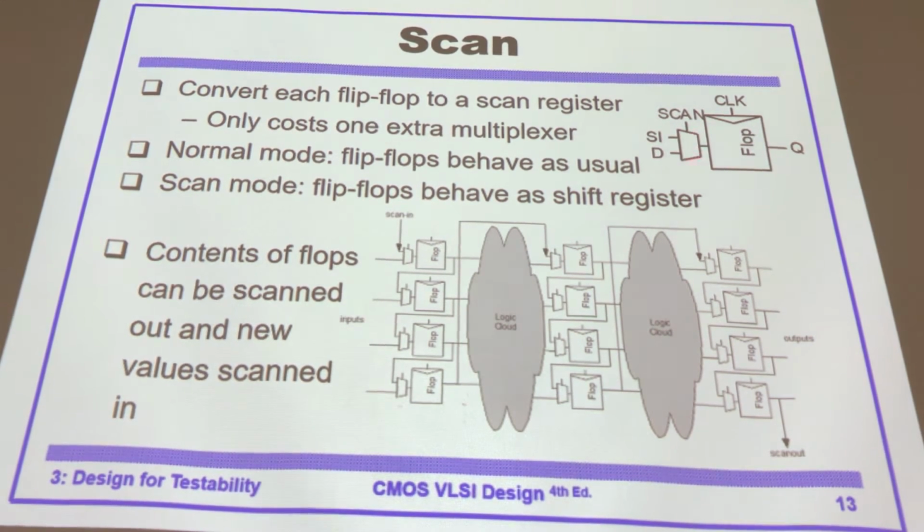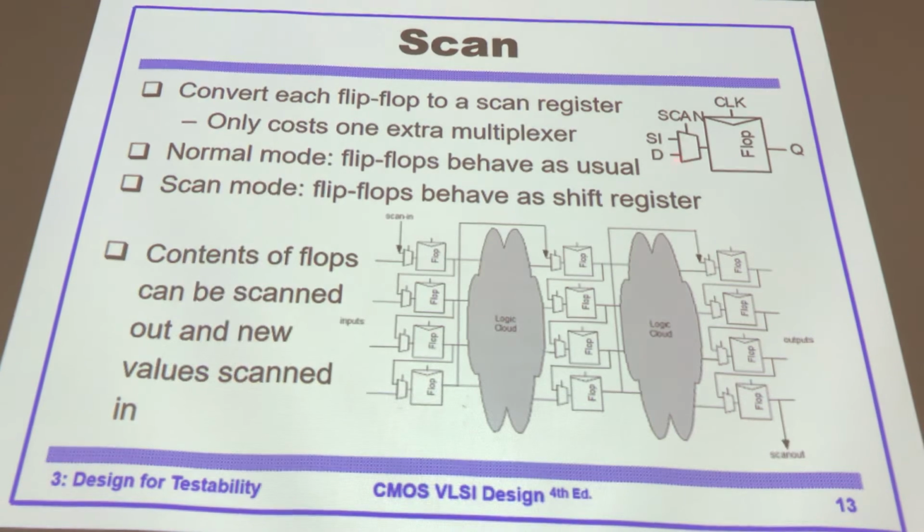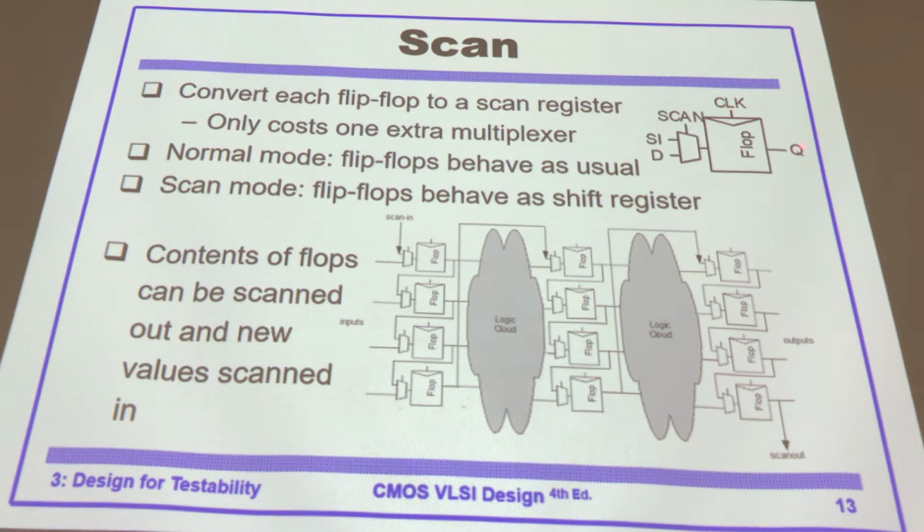There's a 2-to-1 multiplexer for the input. Okay? D is the original input data. SI is the scan in. This signal is the scan control signal, scan. Clock signal, Q output. Modify each flip-flop to this.